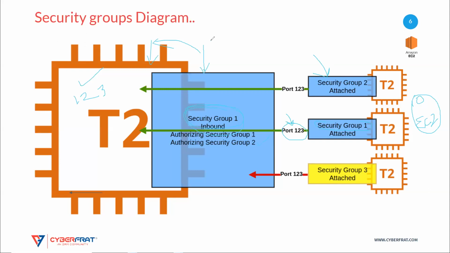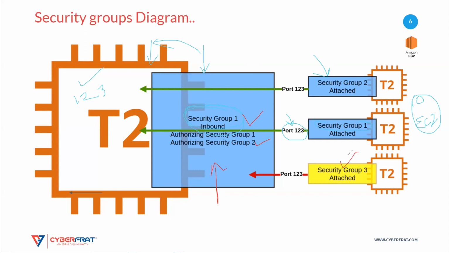I'll just take a different color. So this is security group 1, this is security group 2. And if you see, I have not allowed security group 3 in this security group.